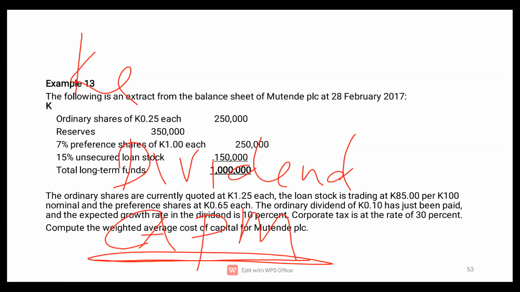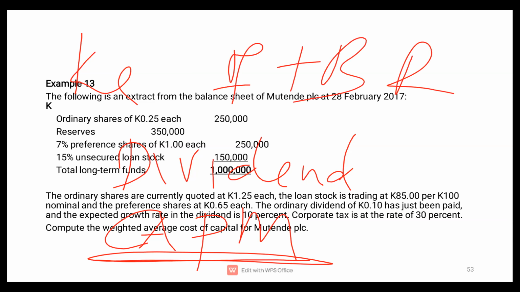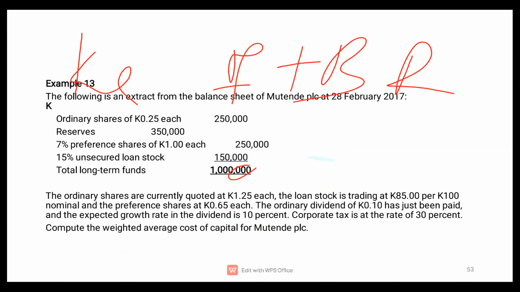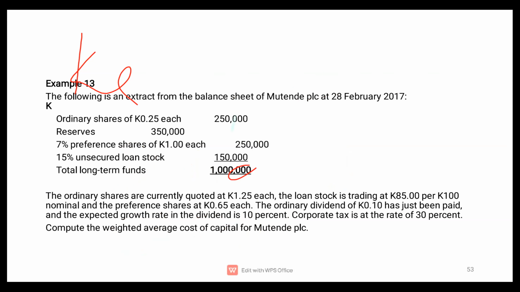We don't have the risk-free rate. We don't have the beta. We don't have the returns from the market. For that reason, we can't use the capital asset price model. So therefore, we will use the dividend model.